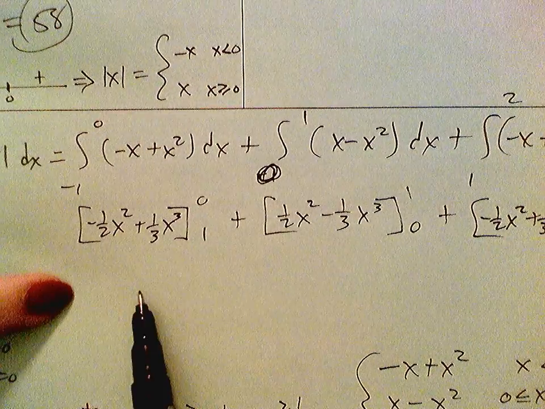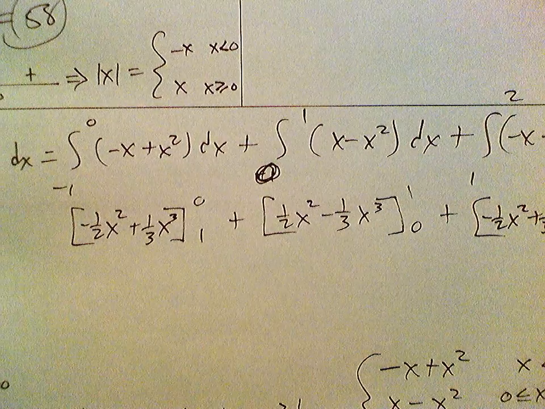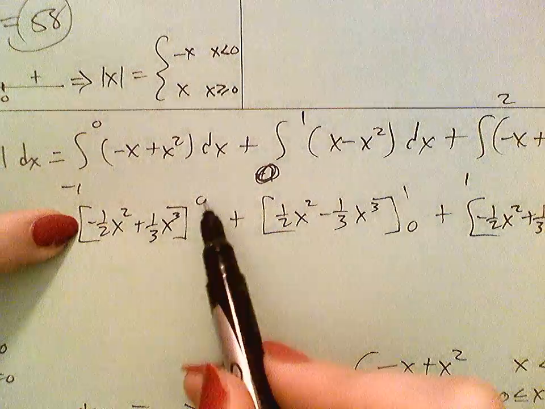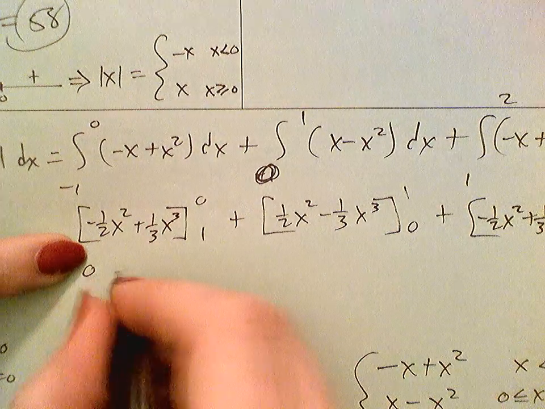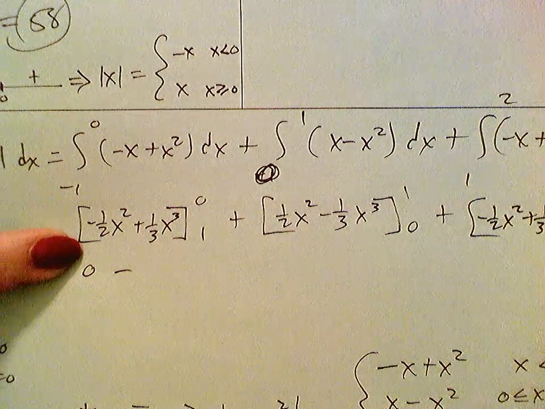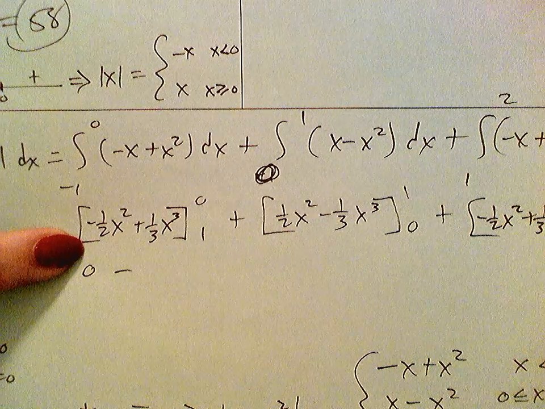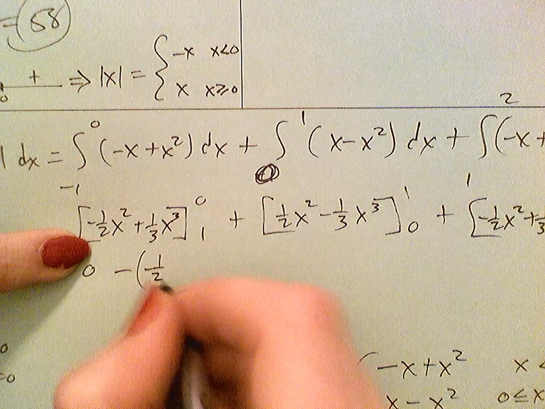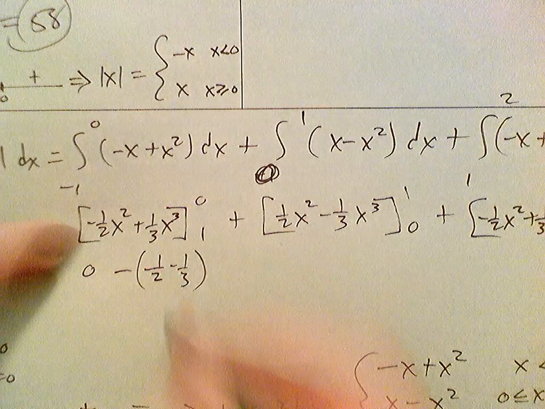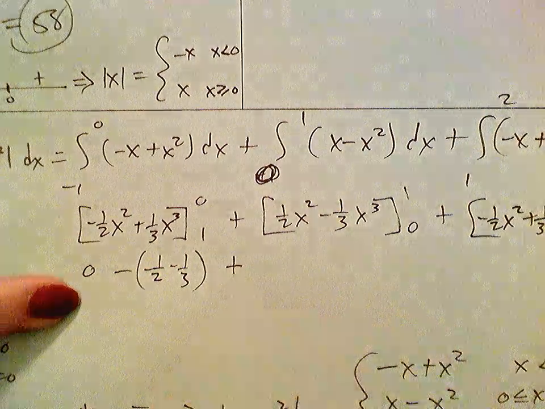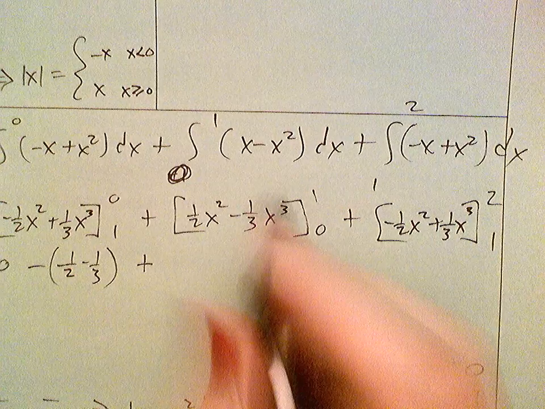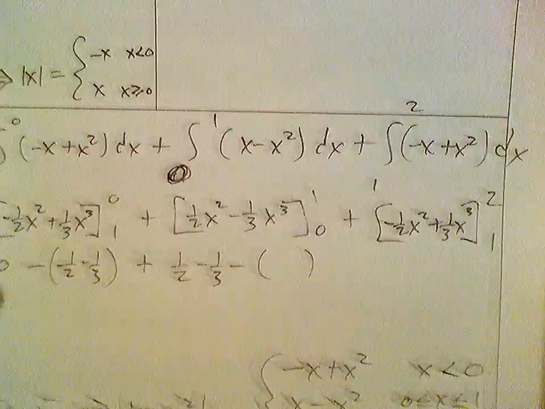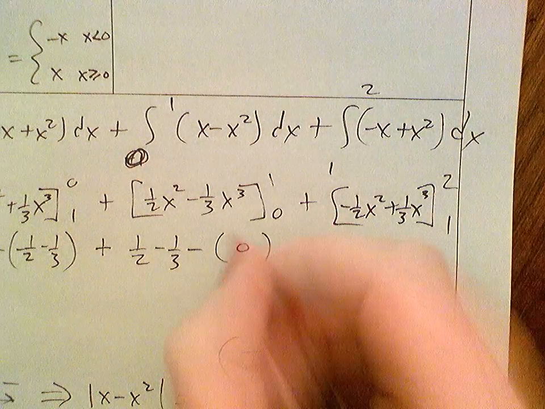Now I'm going to get my answer using the fundamental theorem of calculus. The whole process is the fundamental theorem, but this is going to be the result of it. So if I plug in 0, I get 0. Minus, when we plug in 1, we get negative 1/2 minus 1/3. And then I bring down that plus sign. When I plug in 1, I get 1/2 minus 1/3 minus, when I plug in 0, I get 0.